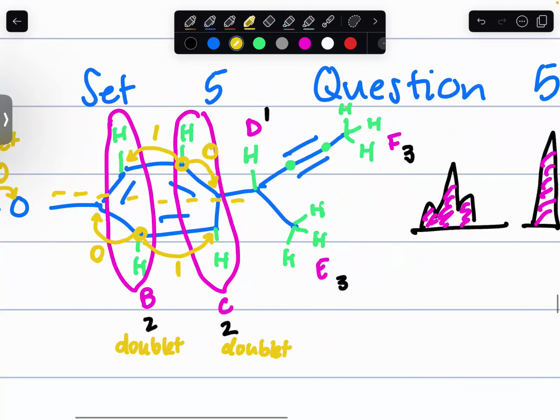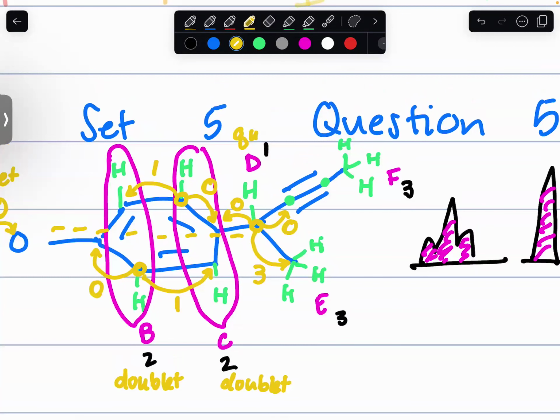So what about D? When we look here, we have no neighbors. When we look here, we have no neighbors. But when we look here, we have 3 neighbors. 3 plus 1, it will be a quartet.